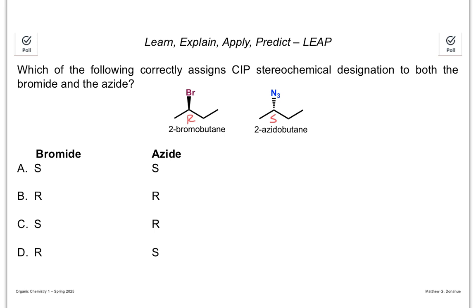Let me state that again so I'm clear that you're clear. Remember, for a stereogenic center, you assign R or S based on the CIP priority rules. And SN2 is going to invert that center. So it would be natural to think that an R must become an S because there's an inversion. That's correct probably 95% of the time.